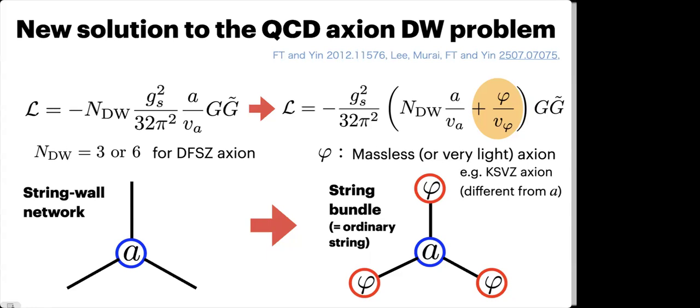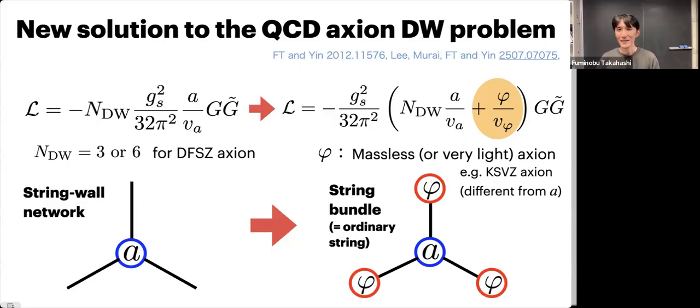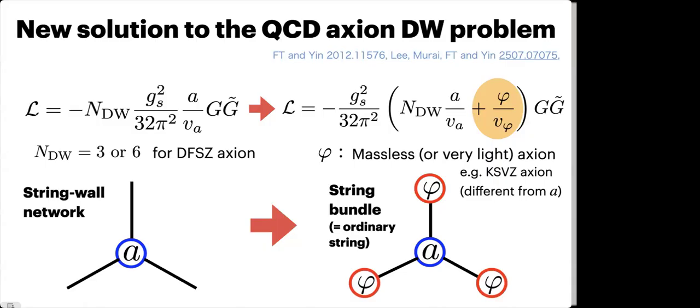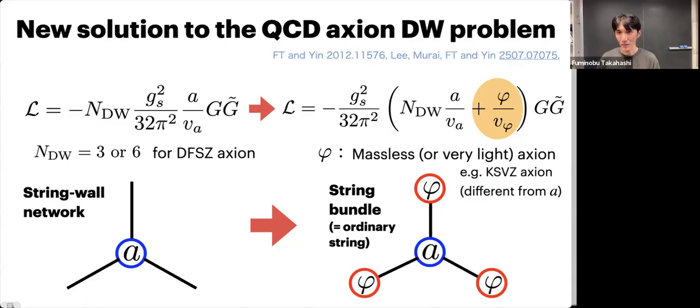You have a similar axion to the QCD axion, but you have an additional light axion particle with very small mass. Yes, exactly. So in addition to the QCD axion, we have an extra axion-like particle.